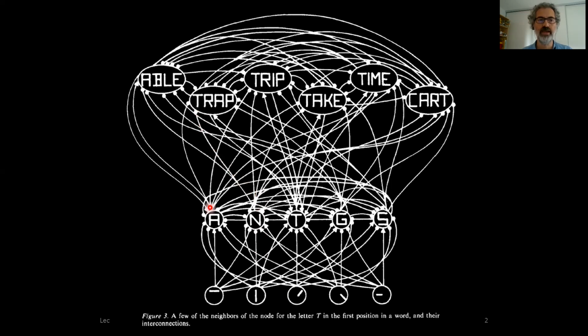So the letter A can activate the word able, which contains it, but inhibits the word trap. If you can see, this here is a little circle, whereas here it's a little arrow. The arrow means that the letter is activating the word. The circle means the letter is inhibiting the word.